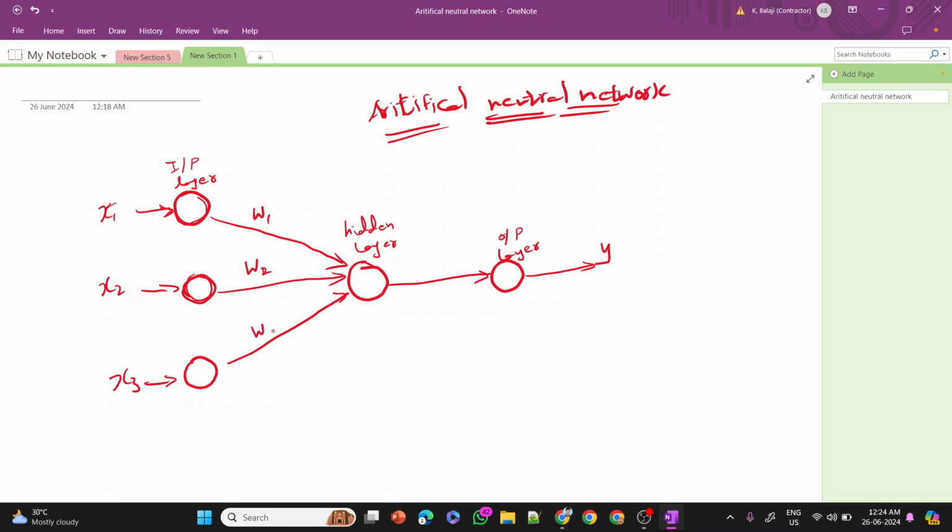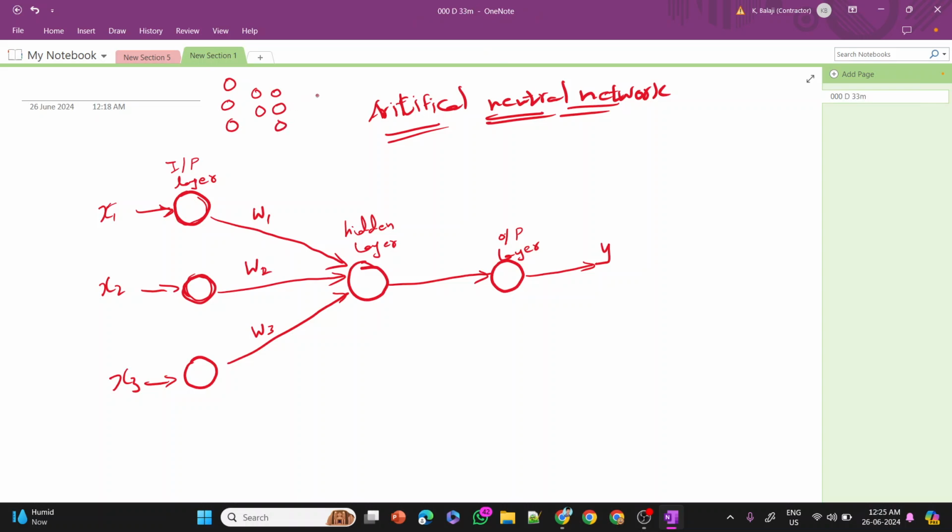In an artificial neural network, there is only one input layer and only one output layer, but the hidden layer can be one or more. For example, here I have given a single hidden layer, but in most cases, there can be many hidden layers.